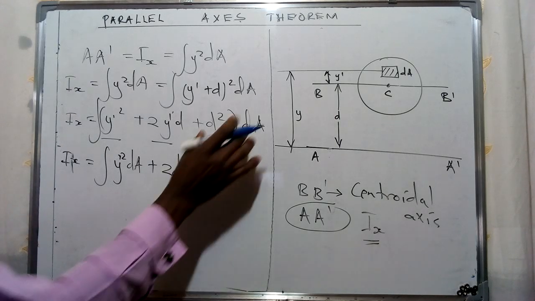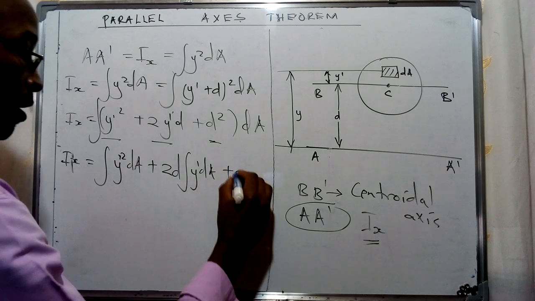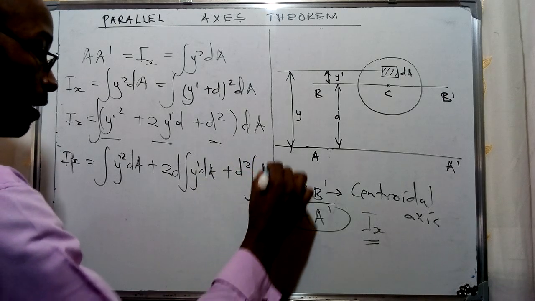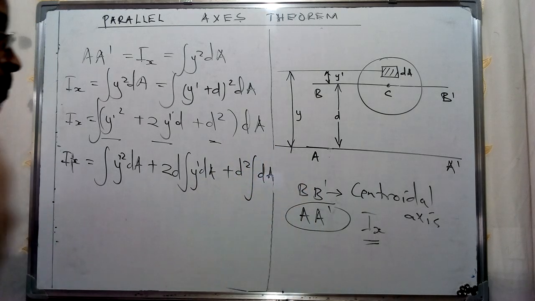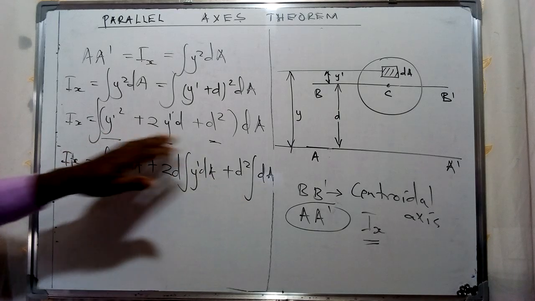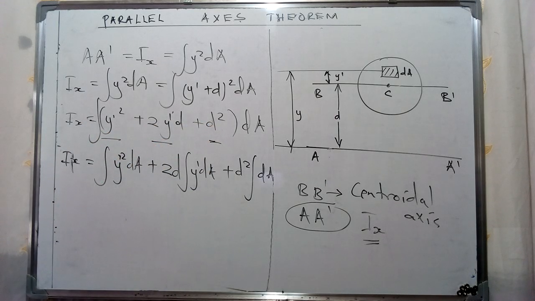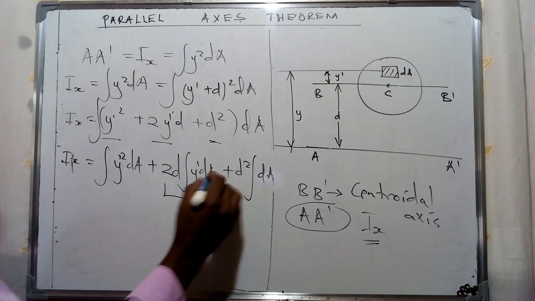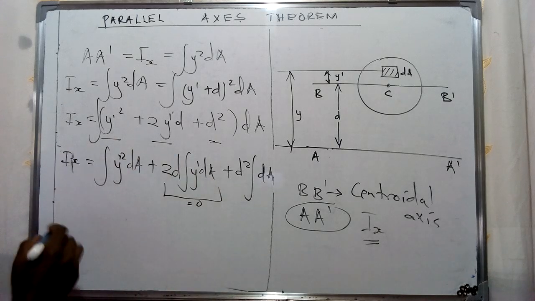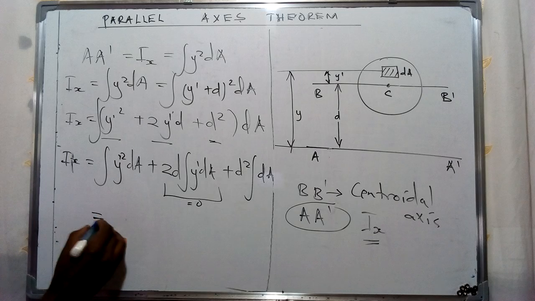And then lastly, we're going to have the square of d, the integral of dA, given as such. So this is going to be giving us individual integrals for these three terms of this expression. And we are going to see that the middle section, in evaluating the integral, is going to be equivalent to 0 from our previous discussions.